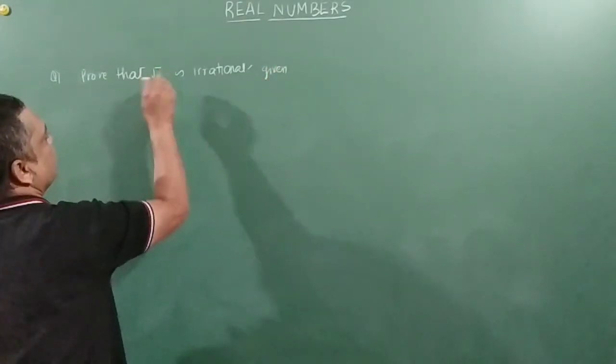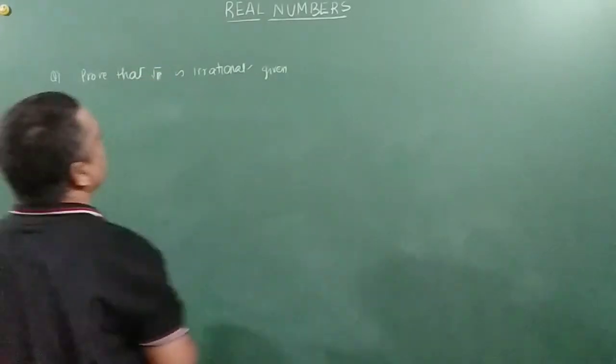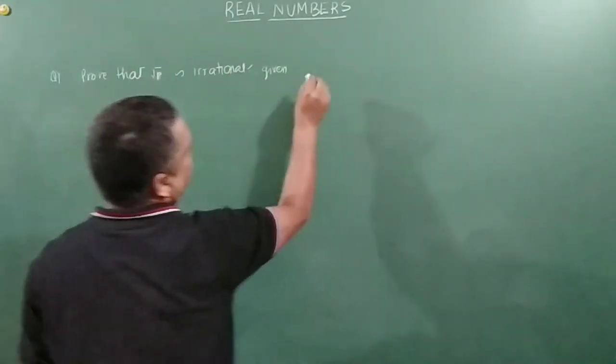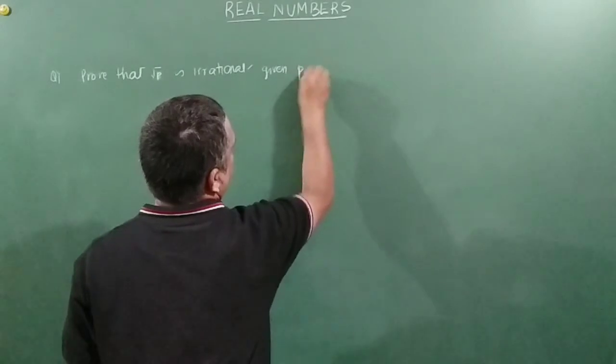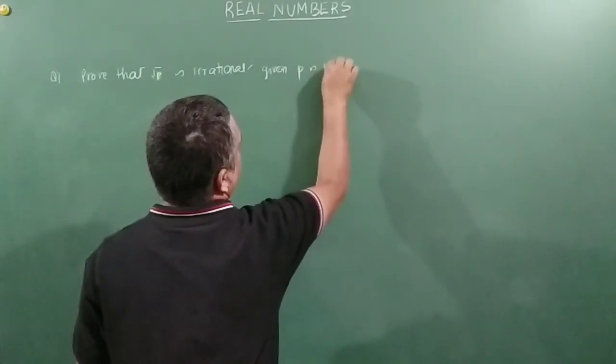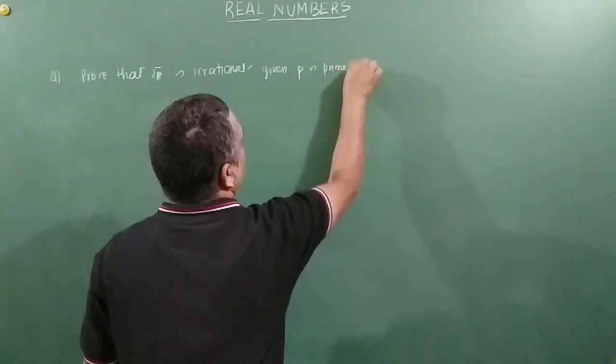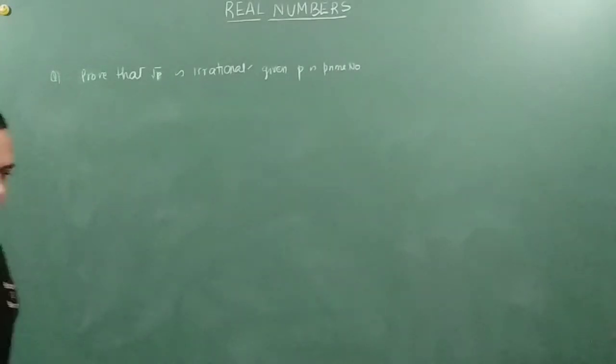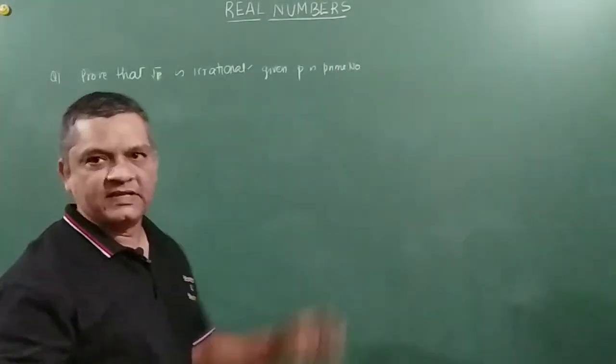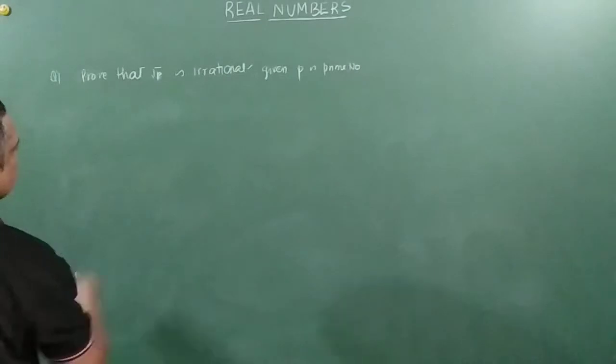Let us not take m. Let us take P. Root P is irrational, given P is a prime number. Right? The steps of the proof remain the same. Okay, I'll go a little fast on this.